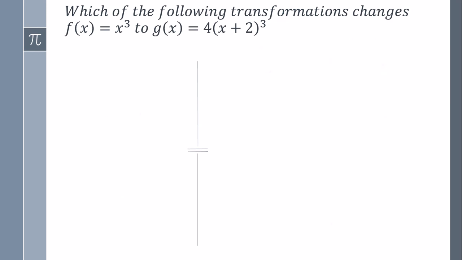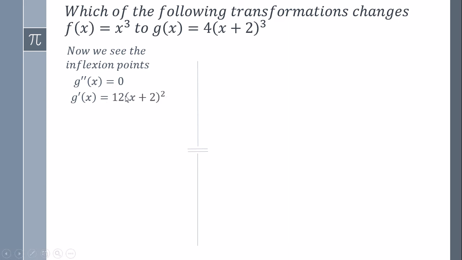So afterwards we're going to figure out the inflection points. So when g second derivative is equal to 0, so we know this is the first derivative form, and when we just multiply, we have this multiplication here. The second derivative is 2 times 12, and 2 minus 1 is going to be just 1.